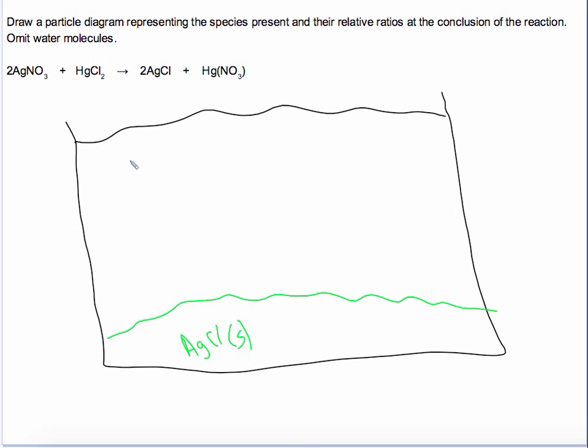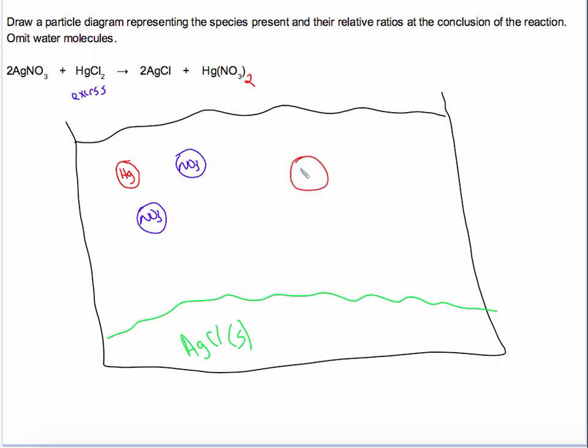Now, what we know though is there's going to be some mercury. So for every 1 mercury, there's going to be, and there was supposed to be a 2 there, 2 nitrate. So for every 1 mercury, there'll be 2 nitrates. Okay, now what some people might forget is that also this was in excess.